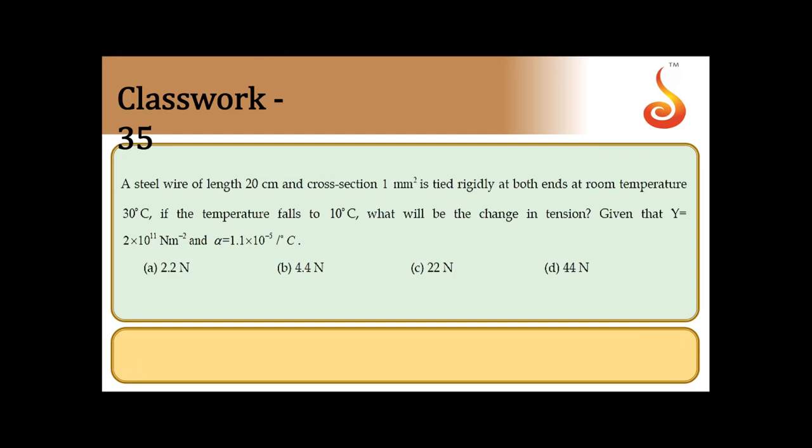Given Young's modulus is 2 into 10 power 11 Newton per meter square and alpha is 1.1 into 10 to the power minus 5 per degree Celsius. So, we need to find the change in tension.